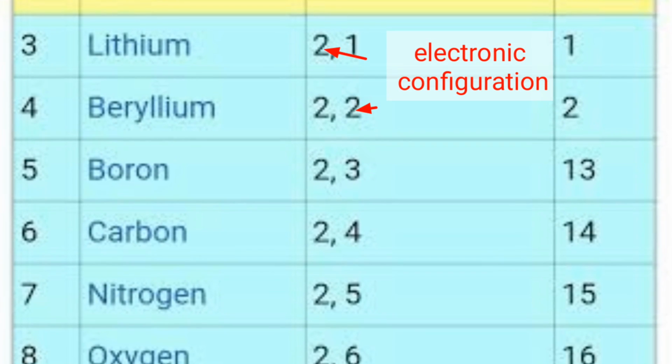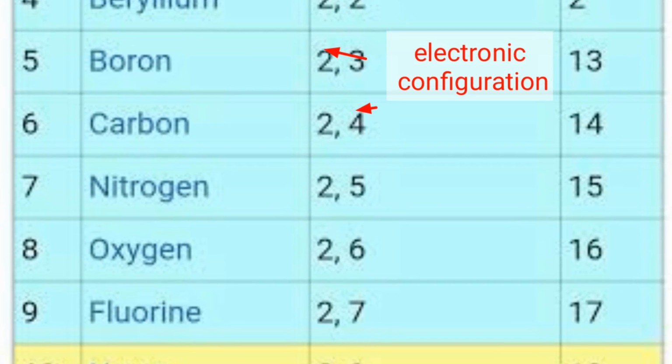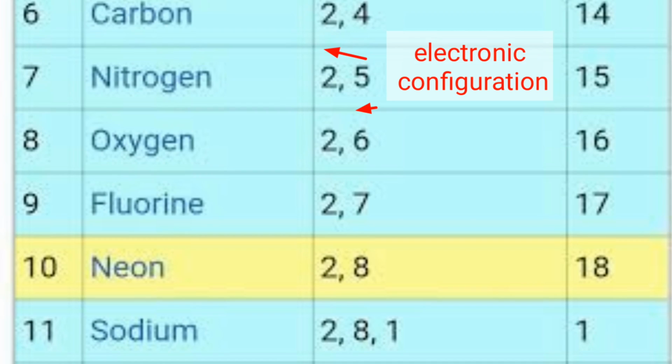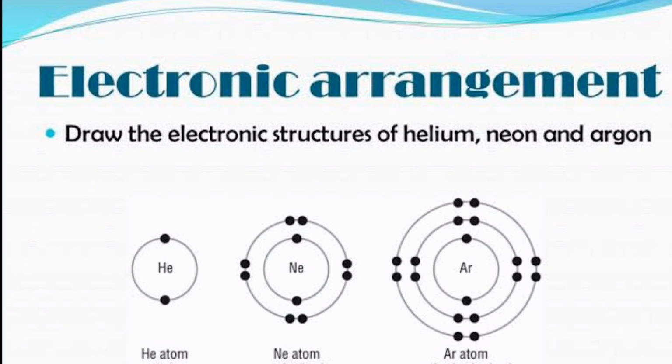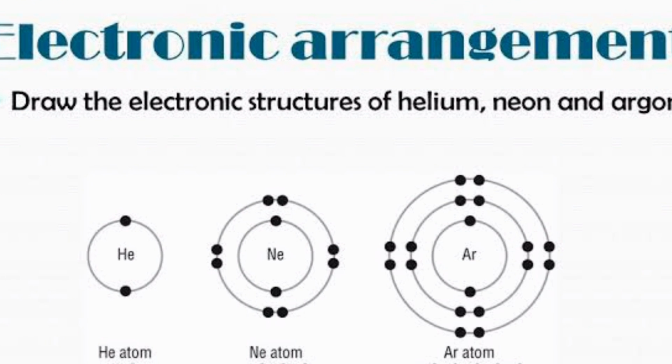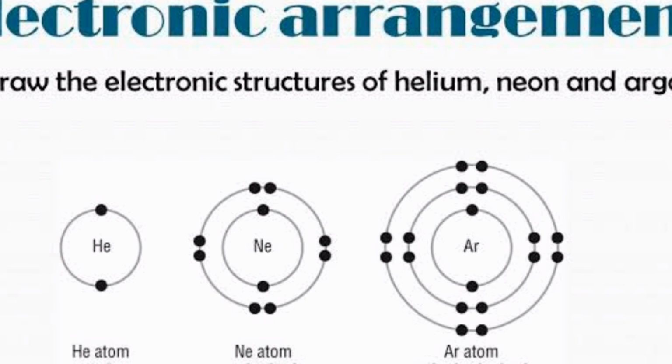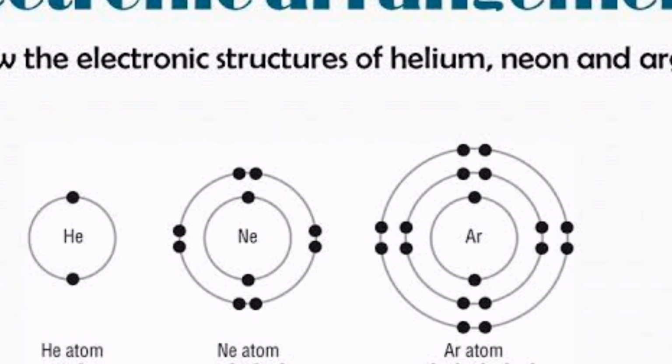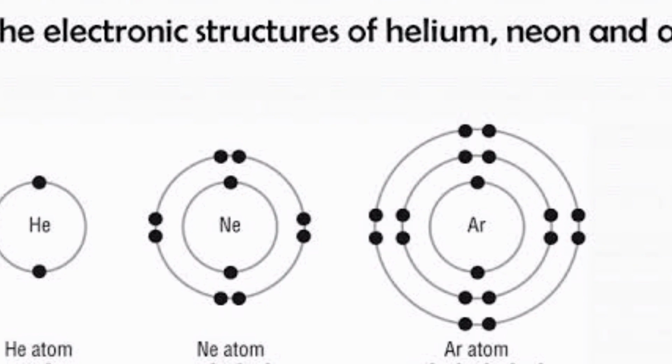The arrangement of electrons in different shells is known as electronic configuration. In this picture you can see three electronic configurations given: helium, neon and argon.